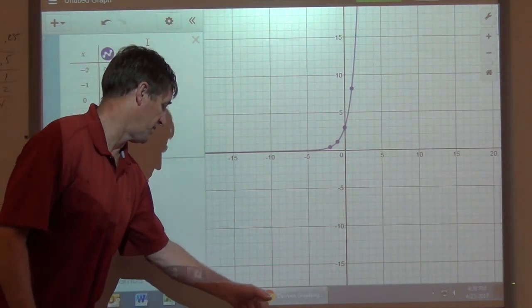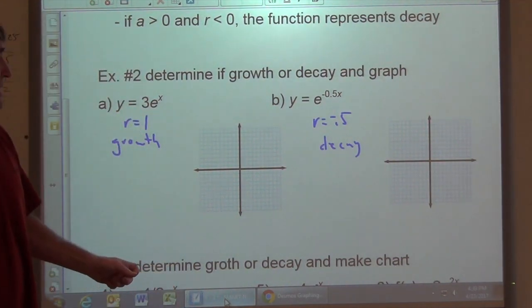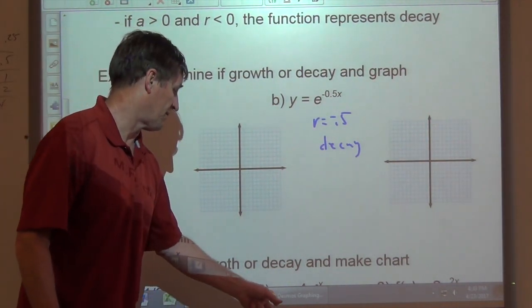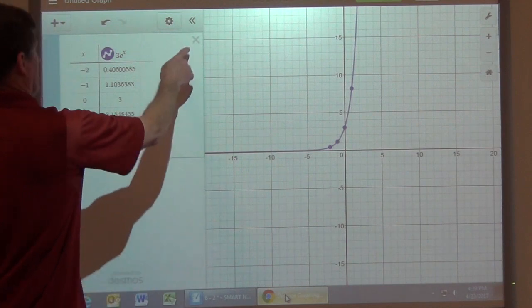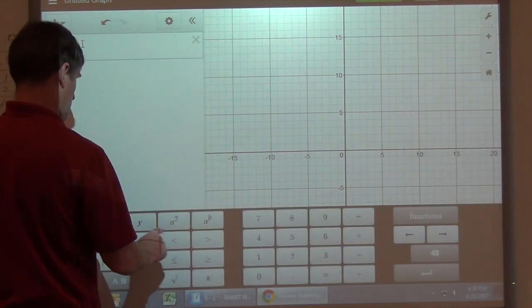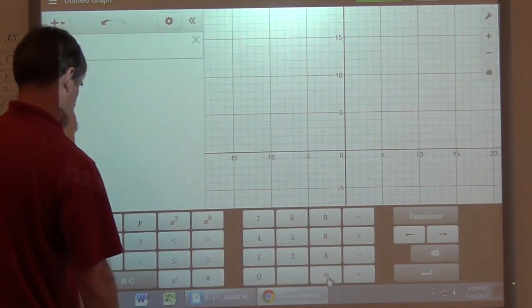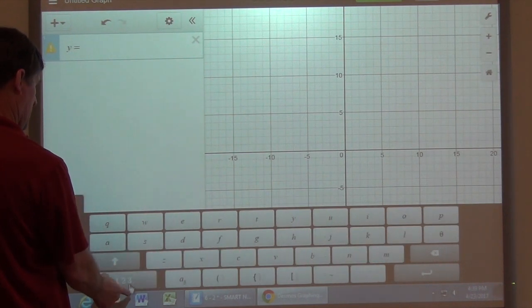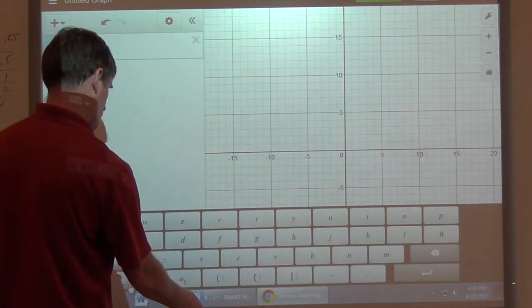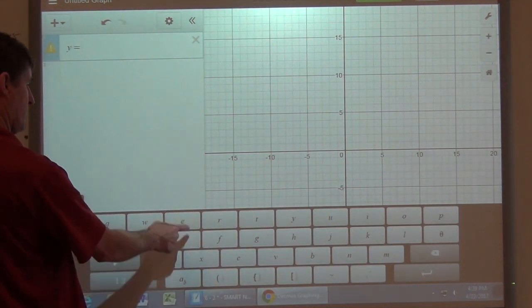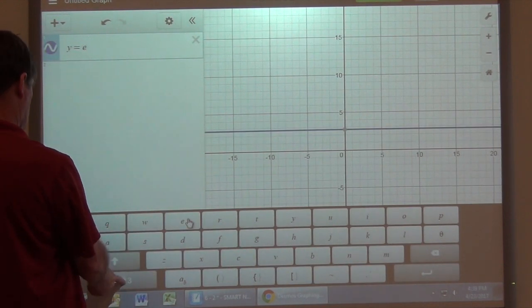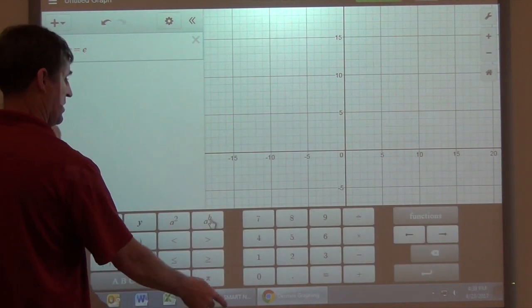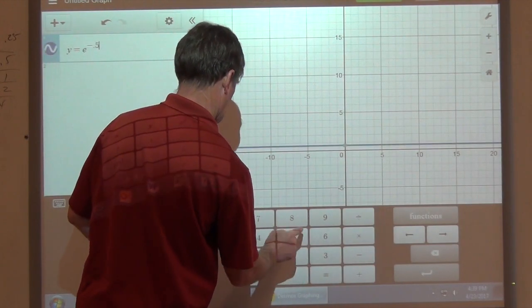And then the second one is e to the negative 0.5x. So y equals e to the negative 0.5x.